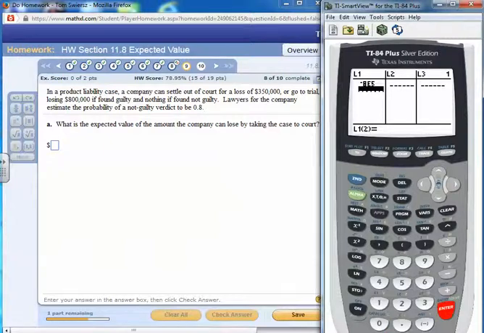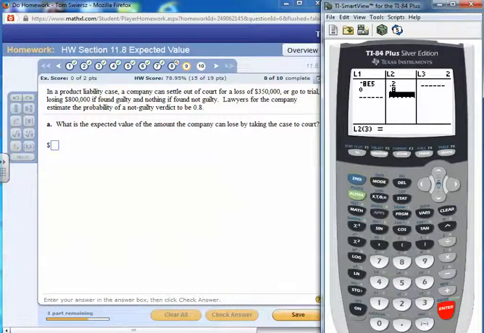If they're not guilty, then they're not going to have to pay anything, which would just be 0. In L2, not being guilty is 0.8, so being guilty is 1 minus 0.8, which would be 0.2, and then 0.8 for not being guilty.